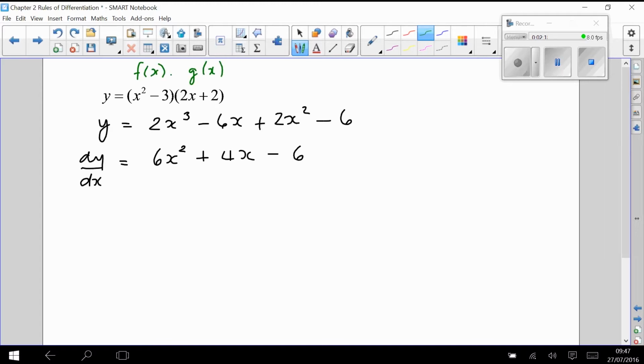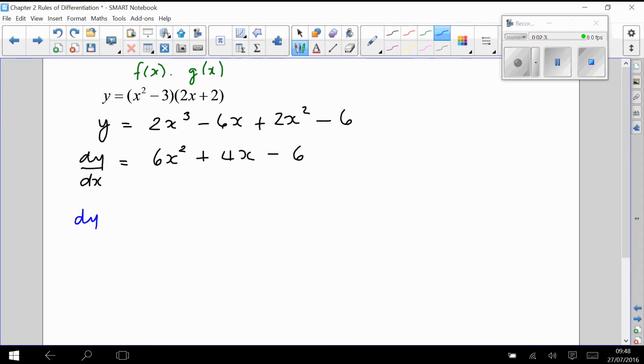Now this was a very easy function because, as you know, we were able to multiply out very easily. The product rule says that if I want to find the derivative of this function, then I must do the following. I'm going to do this in blue so that you can see that I'm using a different rule.